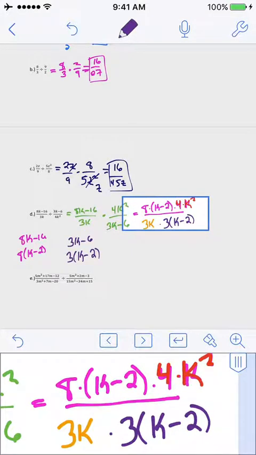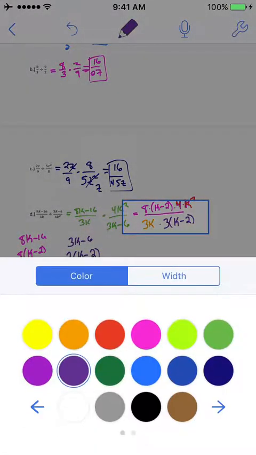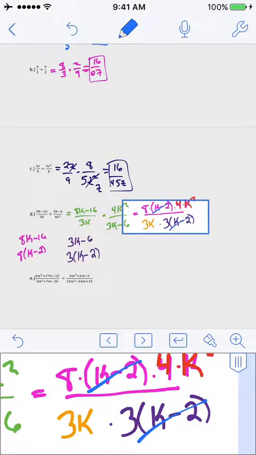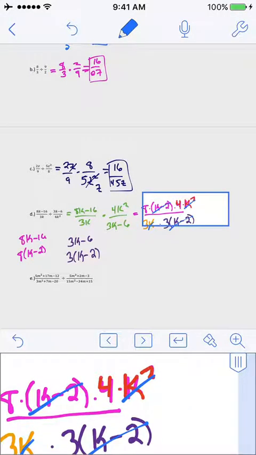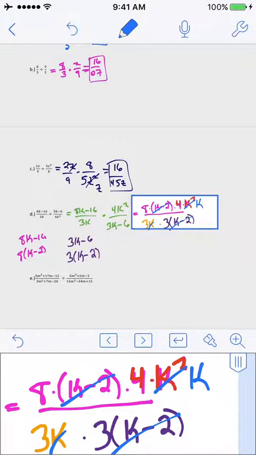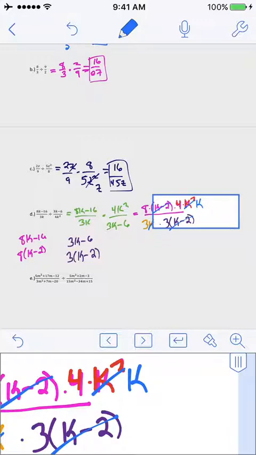Everything's in lowest terms, so I see that there's a k minus 2 that will cancel. And I see there's a k here that will cancel, leaving me with 1 extra k on the top. 3 and 4 and 8 really don't have anything in common.